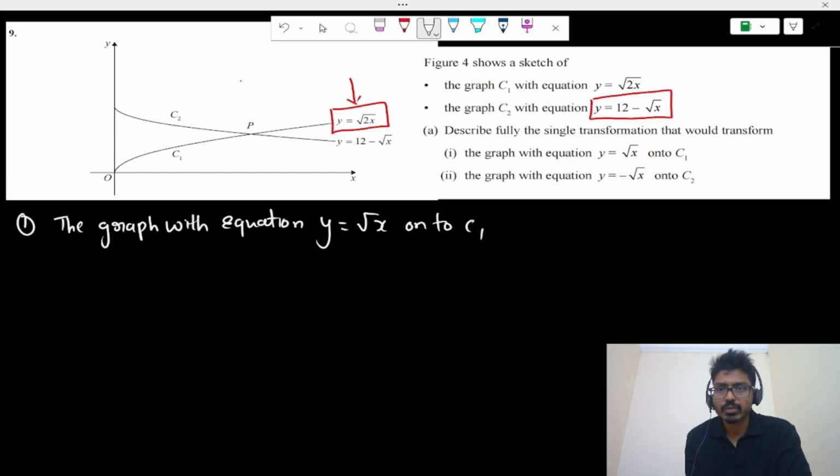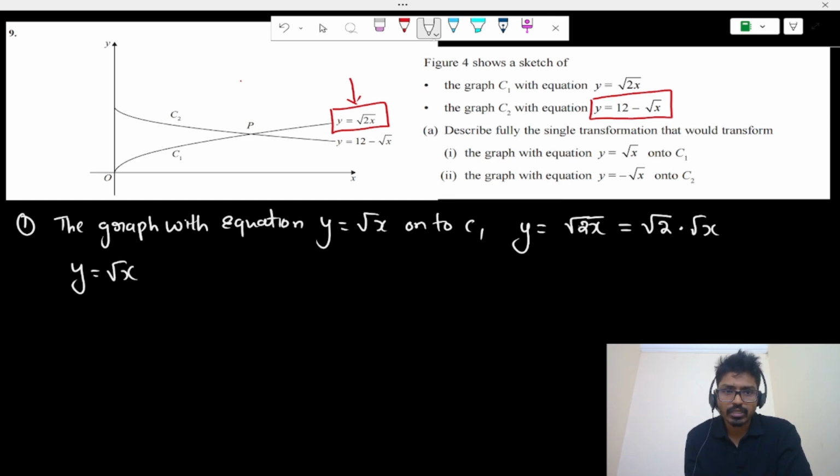The given equation is y equals root x. We can write that y equals root 2x. This can also be written as y equals root 2 times root x. It's very clear that we have y equals root x and y equals root 2 times root x.